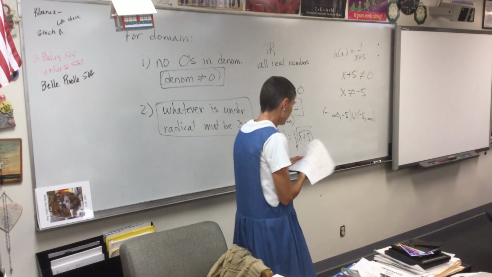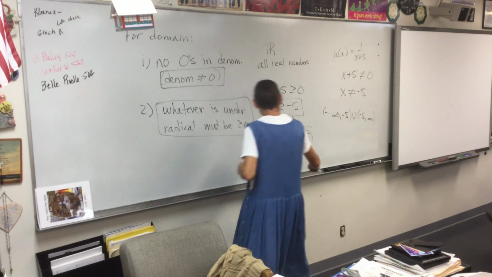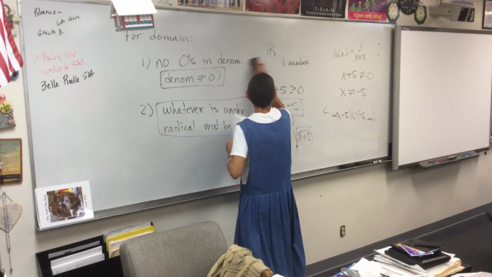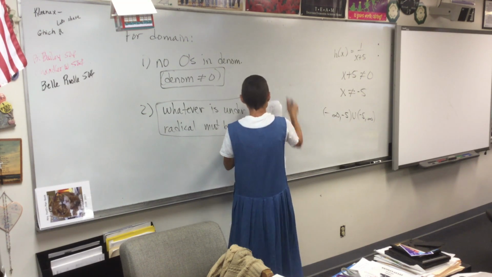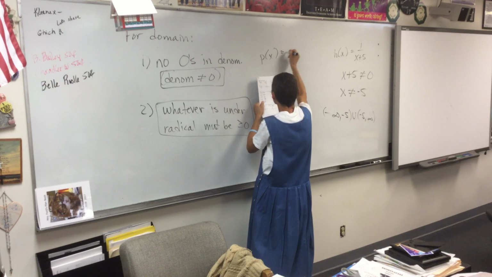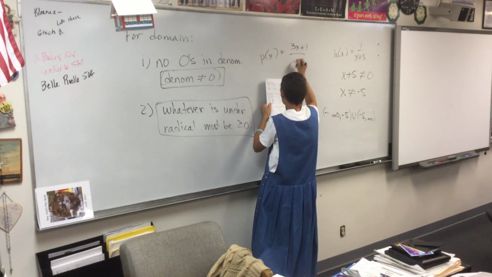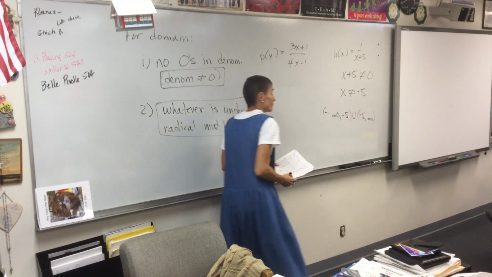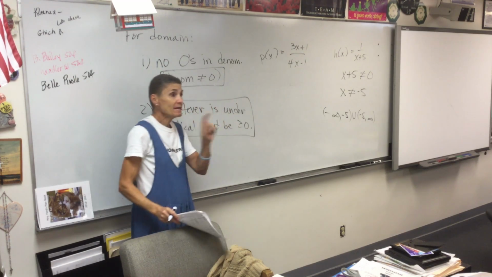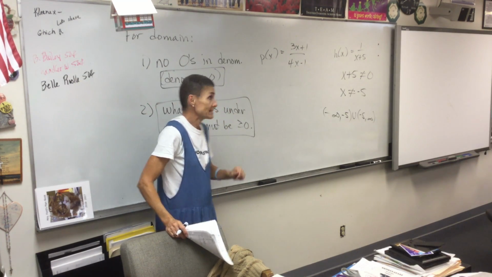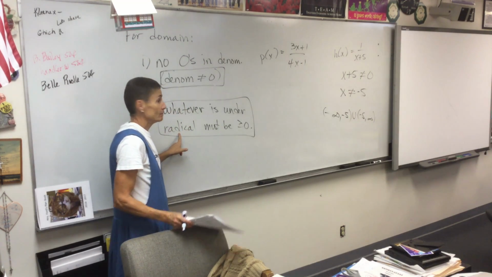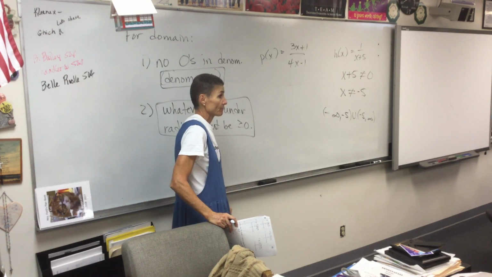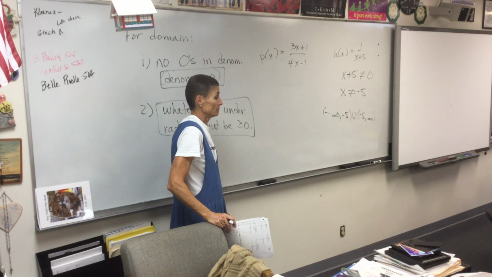Now we're on D. I'm going to leave my rules up here. We have to constantly refer to our rules. We've got to get them learned. Remember, my domain is going to be all real numbers unless I have a denominator or a radical. What do I have in this problem? A denominator.